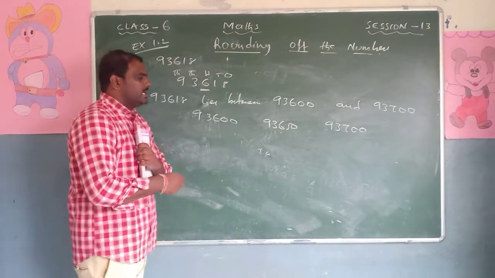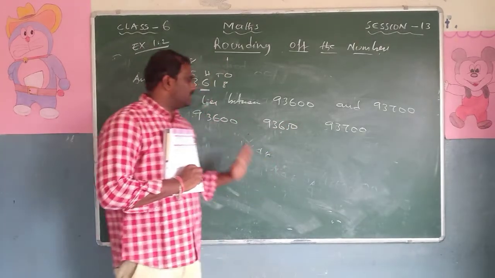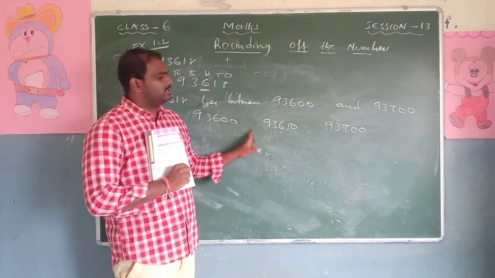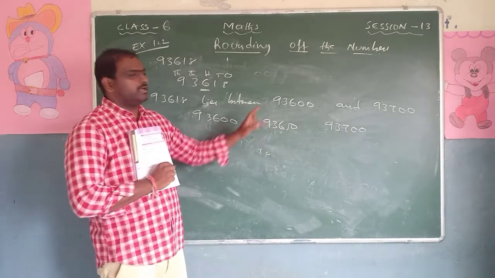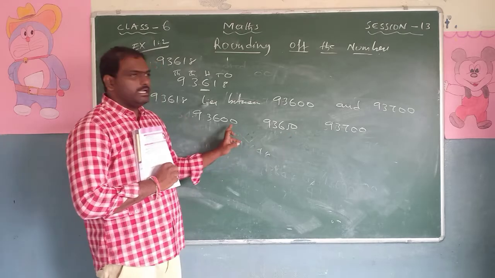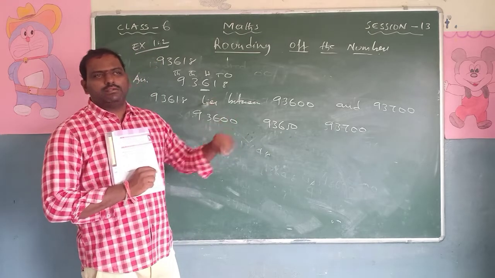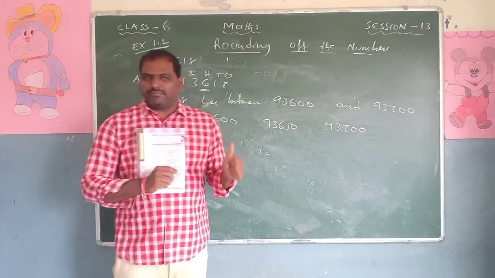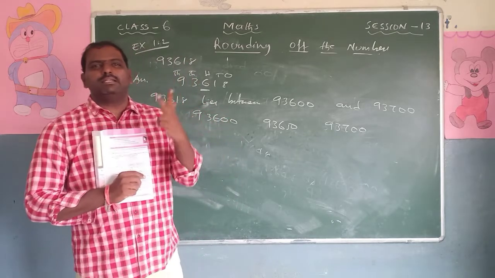Now look at this. 618. So it lies between this or this. Look at this, this is the answer. 610, 620, 630, 640, 650. 618 lies between 610 and 620. 610, 611, 612, 613, 614, 615, 616, 617, 618.